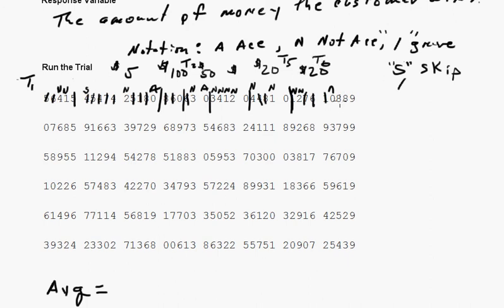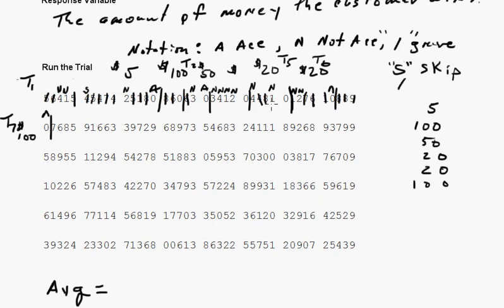T6. So I'm only going to do a few more, but I might as well go to 10. It'll be easy. So ignore, ignore, ignore, ace. So $100 again. So this was T7, $100. So I'm getting a little sloppy here. So over here I'm going to write 5, 100, 50, 20, 20, and 100. 1, 2, 3, 4, 5, 6.